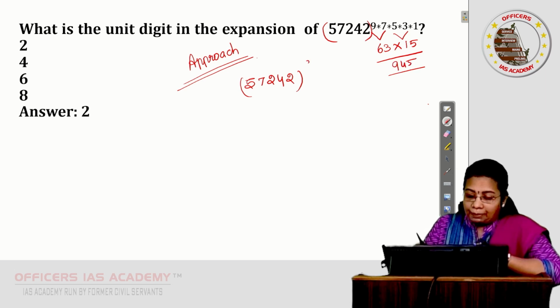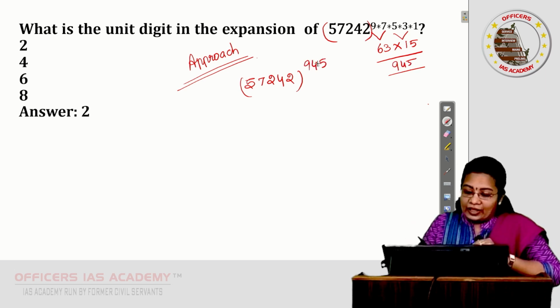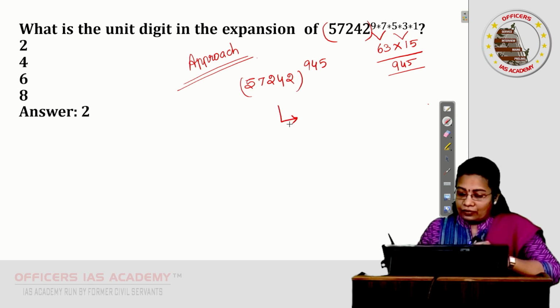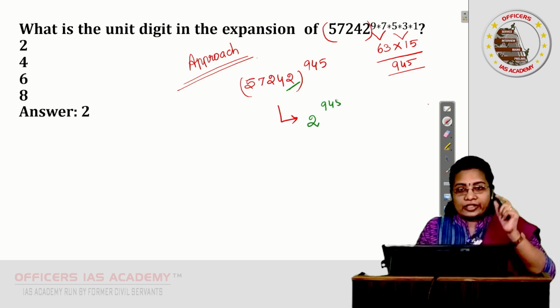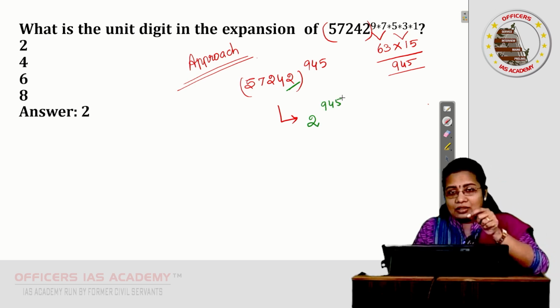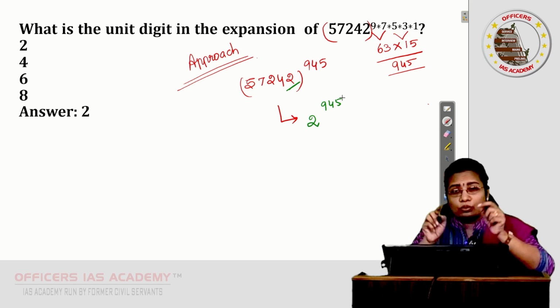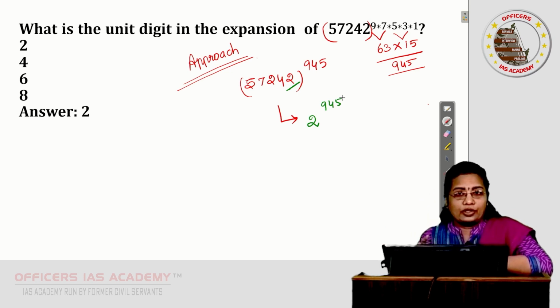So just write the power 945. Next you can solve. This will be equal to the unit digit of 2 power 945. Just write the base value with the last digit and the complete power value.